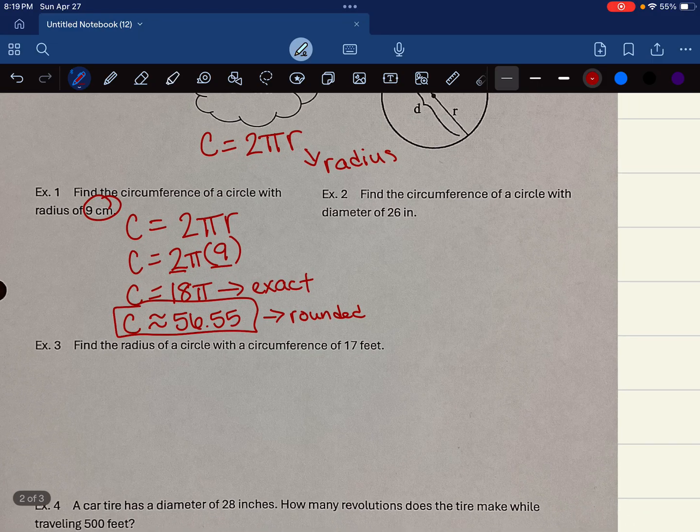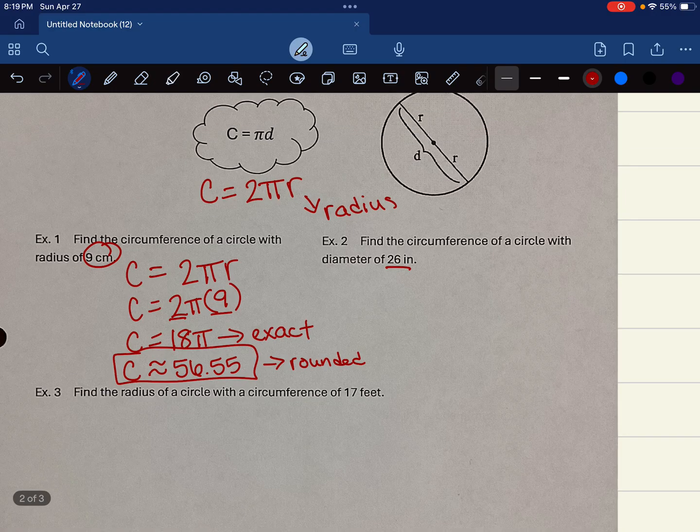Okay, same idea on example 2. It says find the circumference of the circle with a diameter of 26 inches. So here you can just use circumference is equal to pi times diameter, which means we multiply pi times our diameter, which is 26.